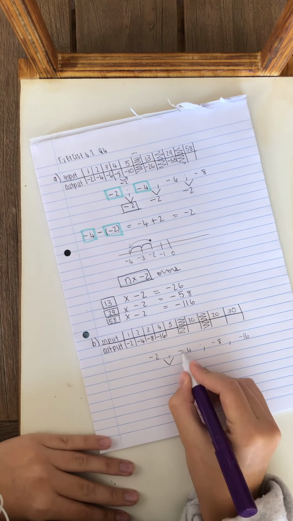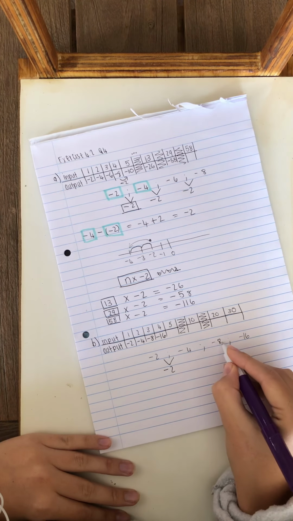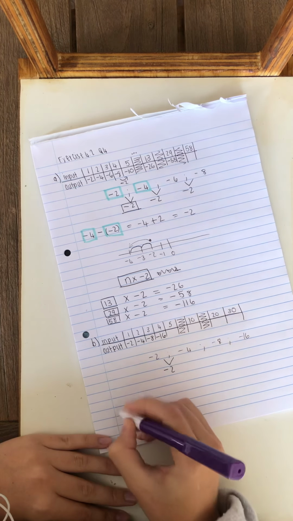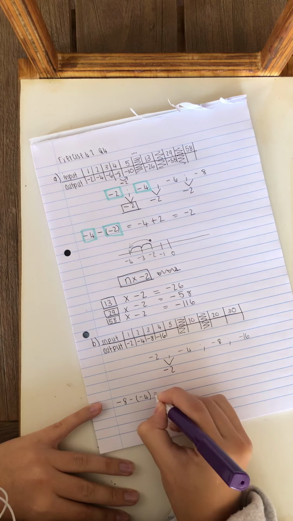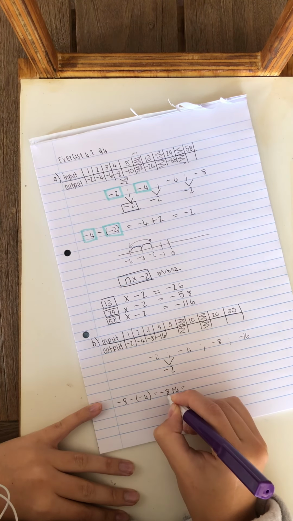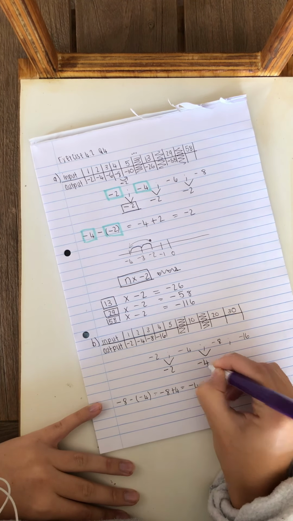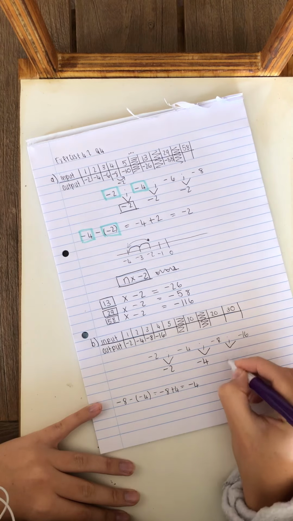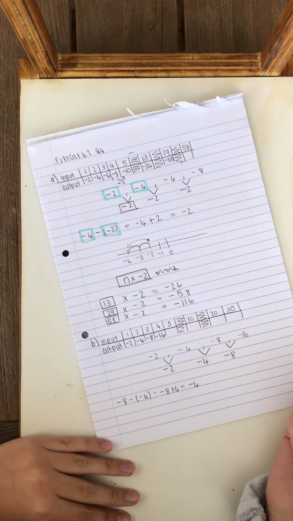So -4 minus -2 gives me -2. -8 minus -4 gives me -8 plus 4, which gives me -4. So this difference here is -4. And then if you calculate this difference, that's -8. So do you see we don't have a constant difference? And I think this is where you guys got stuck.